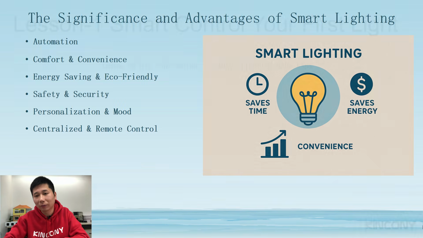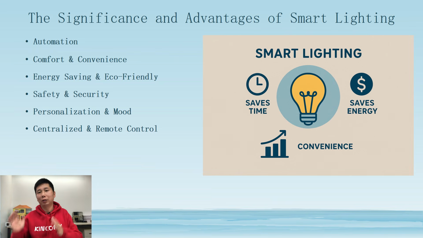So let's look at why we need to let the light become smart and the advantages of smart lighting. There are mainly 3 key points: save time, save energy, and convenience.